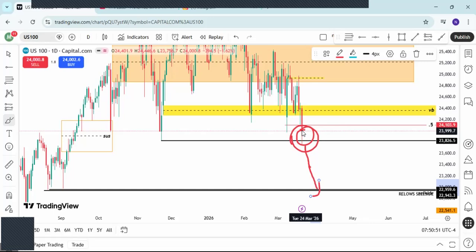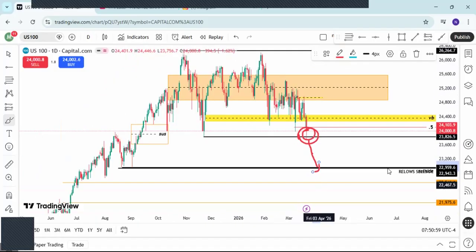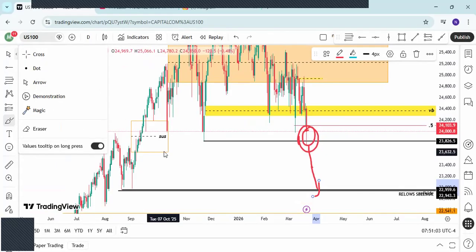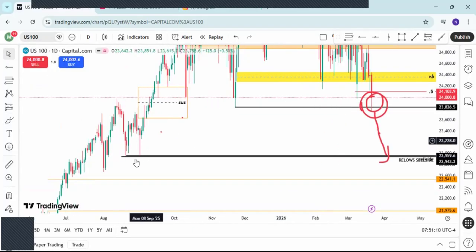A breakaway here. Breakaway from what? Outside. Breakaway from this range. You're looking to break away from it. Break away, and then where you gonna go? If you break away there, you have sell side resting right here.